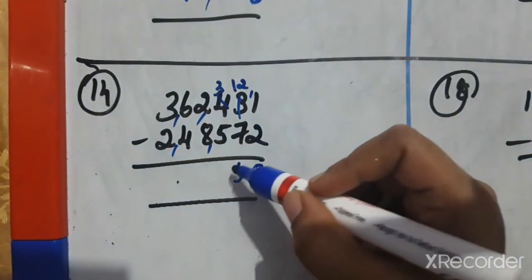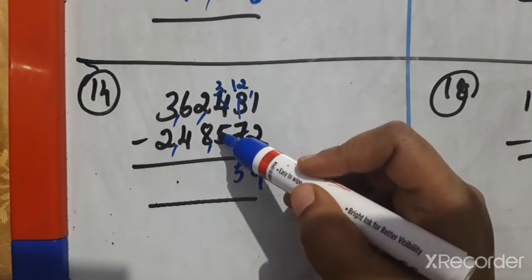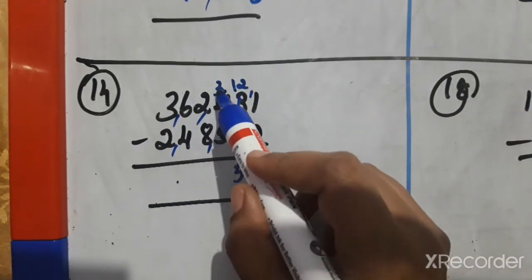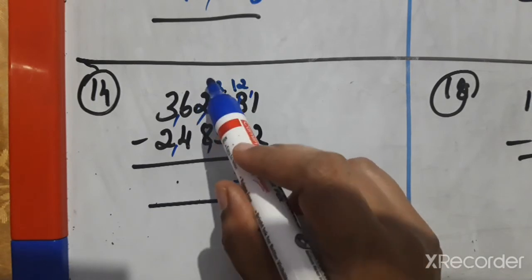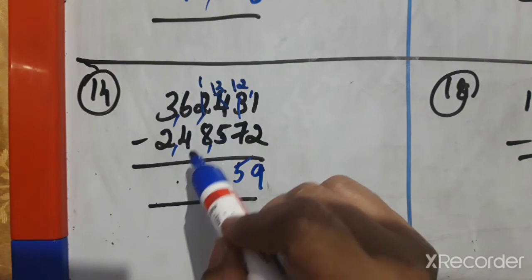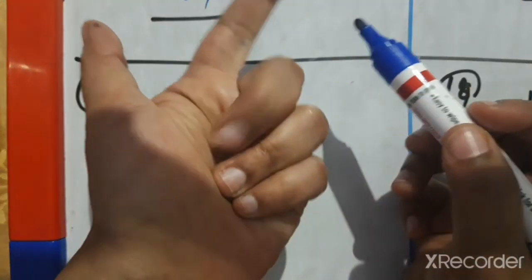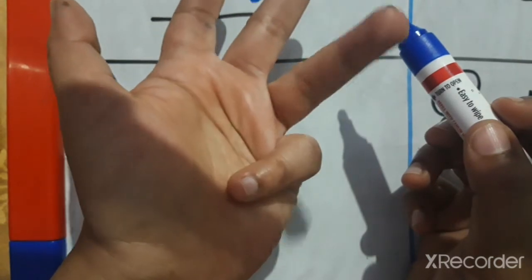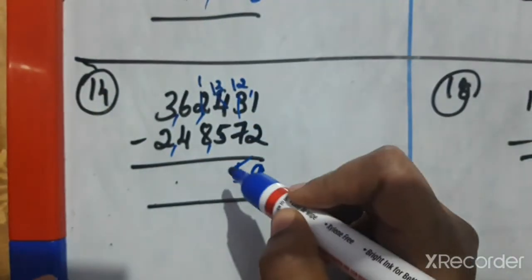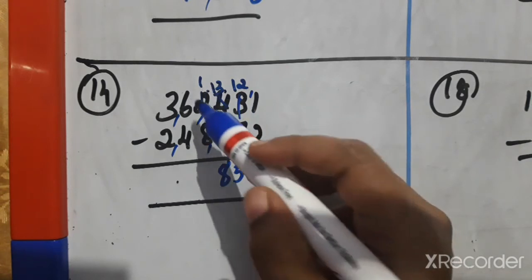So 5. Now here 3 minus 5 again we can't subtract it. So borrow 1 because 3 is less than 5. Borrow 1 from the next number. So here it will become 13 and this will become 1. Now 13 minus 5 means 6, 7, 8, 9, 10, 11, 12, 13. How much? 8. And now we have 1. 1 minus 8 again we can't subtract it.